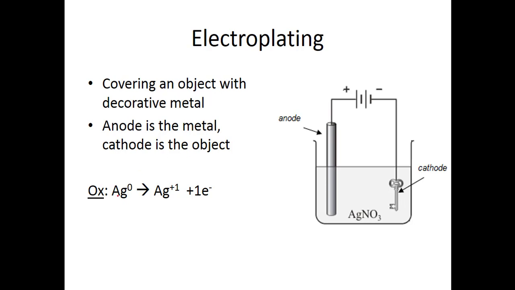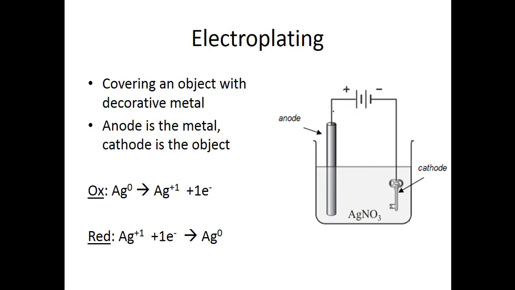You can see here that the silver, in this case my anode, goes into an ion in solution. As it goes into an ion in solution, it is now free floating, and as it finds that electron on the cathode, it joins with the cathode, thus creating an electroplate of silver on the key. Again, it gives off that electron by being forced by the battery.